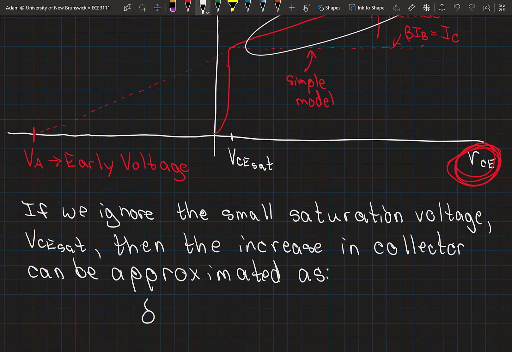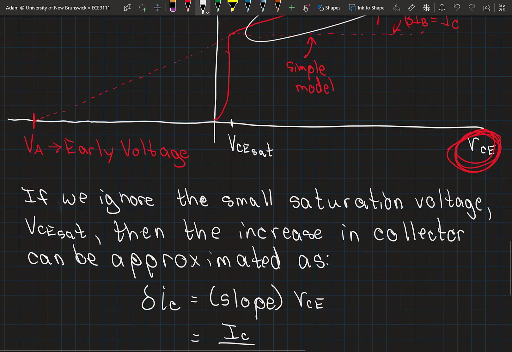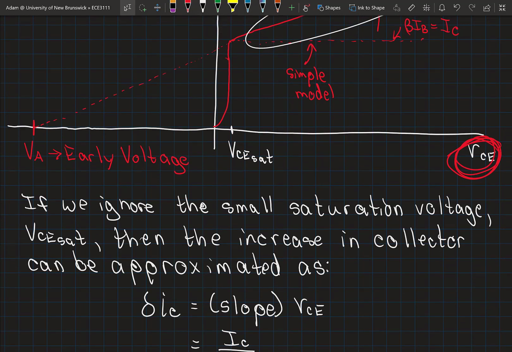So if we look at the change in that collector current, the change in collector current is going to be equal to the slope times the collector to emitter voltage. That slope can be found as the collector current due to the DC bias.